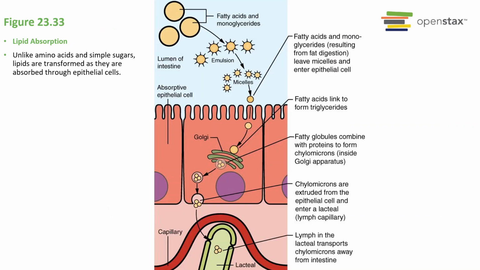And now this brings us to fat absorption or lipid absorption. Unlike amino acids and simple sugars, lipids are transformed as they are absorbed through epithelial cells. You may recall from our earlier lecture episodes that the breakdown of fats requires bile. Most nutrients are absorbed by transport mechanisms at the apical surface.